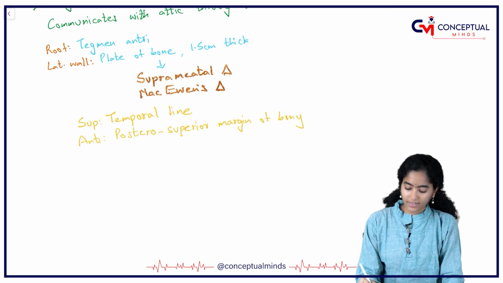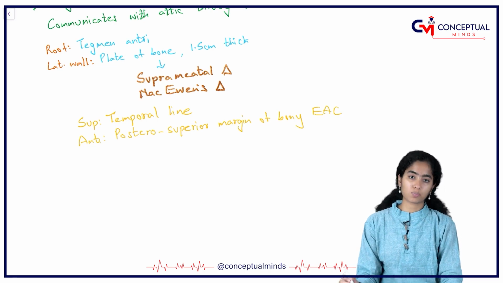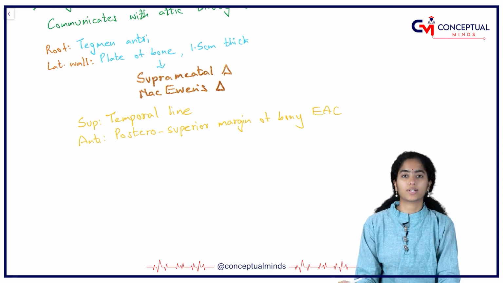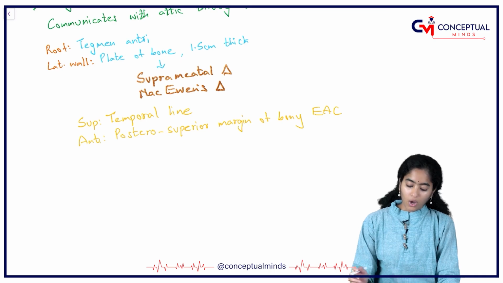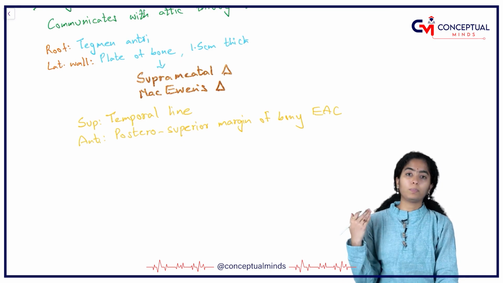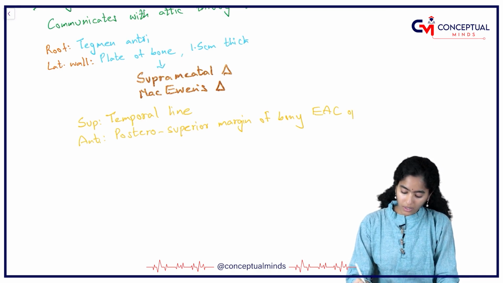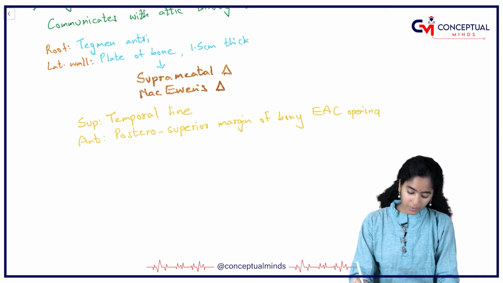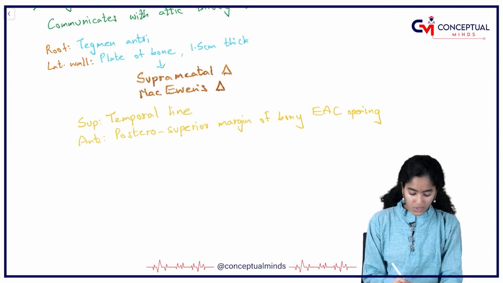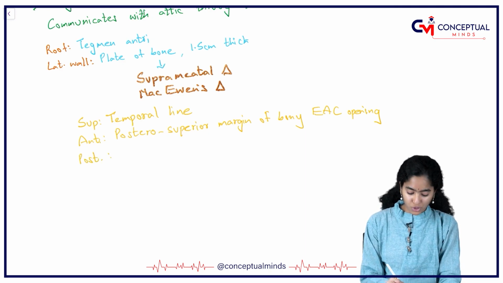Now we know that the external auditory canal has a cartilaginous part, outer 1/3, and inner 2/3 is the bony part. The posterior-superior margin of this bony external auditory canal opening forms the anterior part. And the posterior part of this triangle is formed by a tangent to the external auditory canal opening.